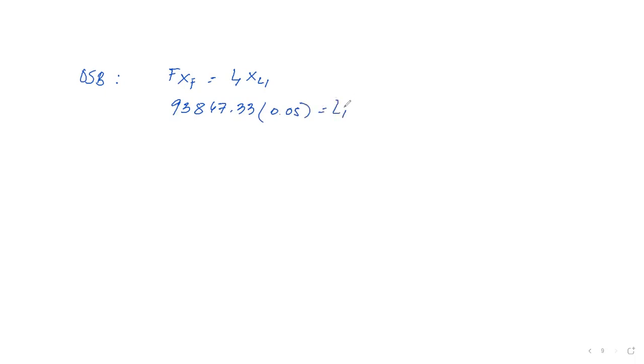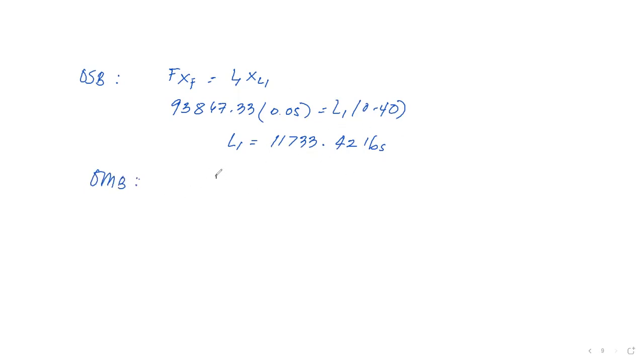This time, you will be getting the actual L1. Because again, our L1 is based on the assumption of the 1,000 pounds of feed. So your L1 is equal to 11,733.42 pounds.